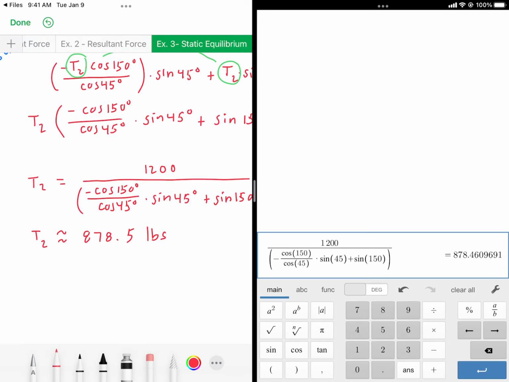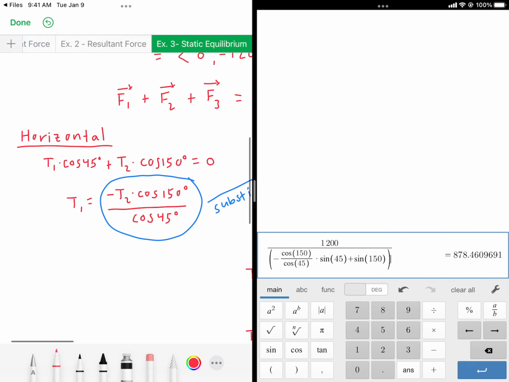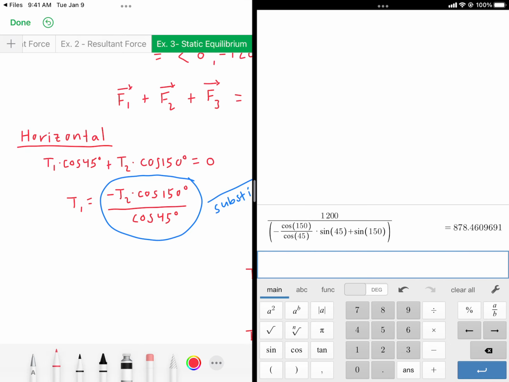All right, so once I got T sub 2, to get my tension in the other cable, all I have to do is take this result and plug it in for T sub 2 up here in this fraction that's circled in blue. Okay, so new calculation here.